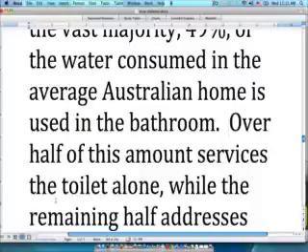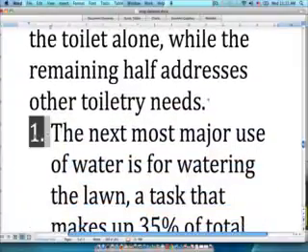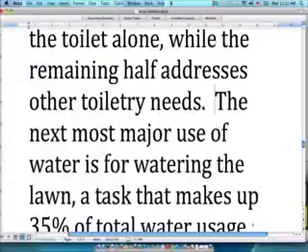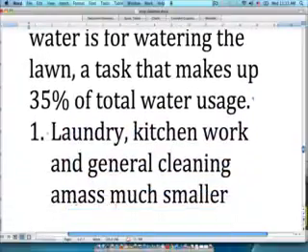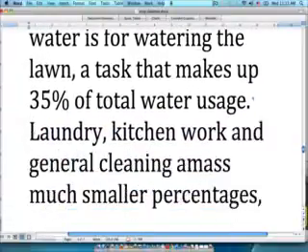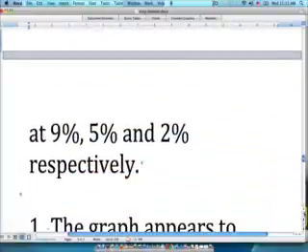Over half of this amount services the toilet alone, while the remaining half addresses other toiletry needs. The next most major use of water is for watering the lawn, a task that makes up 35% of total water usage. Laundry, kitchen work, and general cleaning amass much smaller percentages, at 9%, 5%, and 2% respectively.